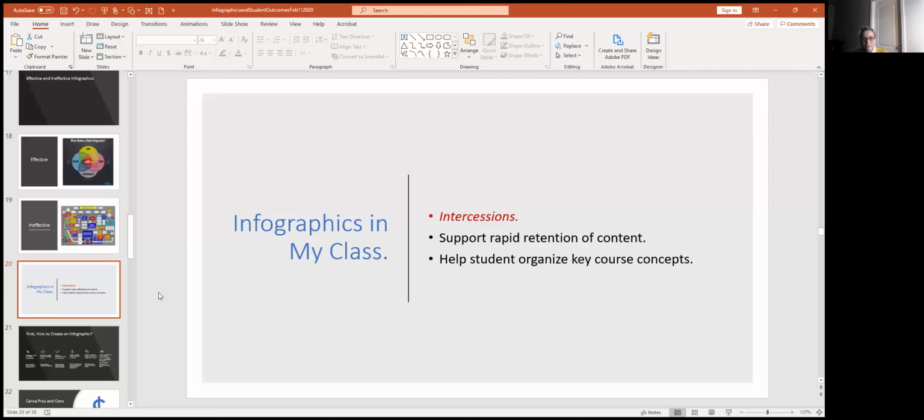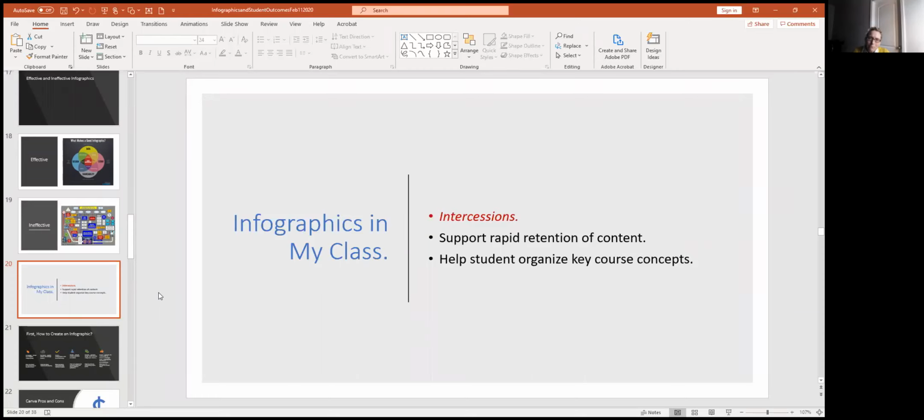So infographics in my class, remember I'm focusing on the 4.5-week intersessions. I want to support rapid retention of content, and I want to help students organize key course concepts. That's what I think is challenging for students when we give them a lot of information, especially in an online classroom.